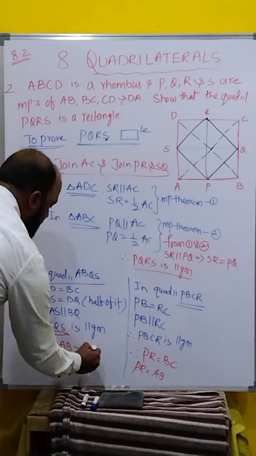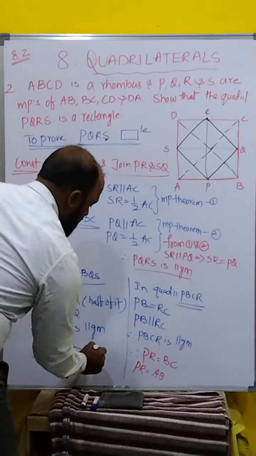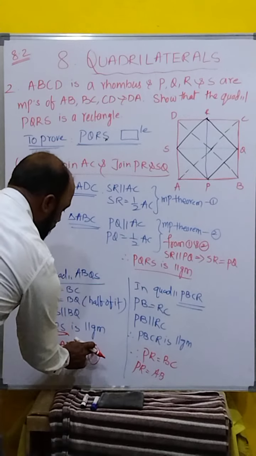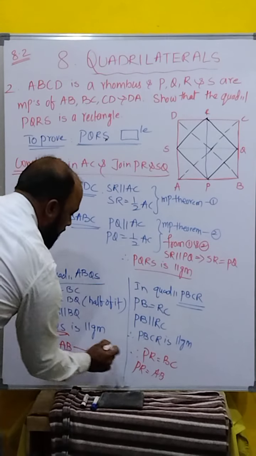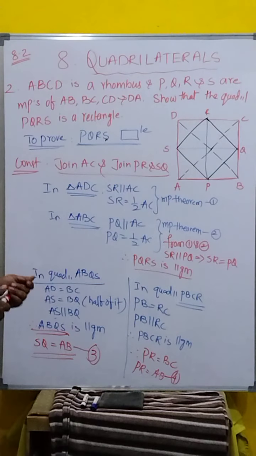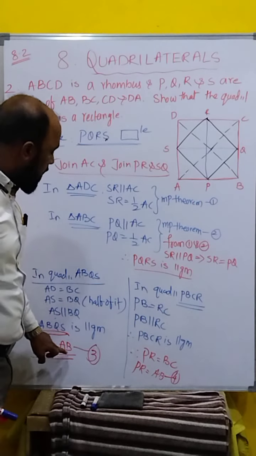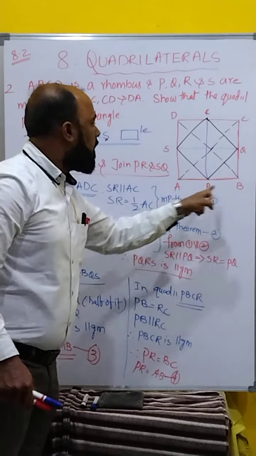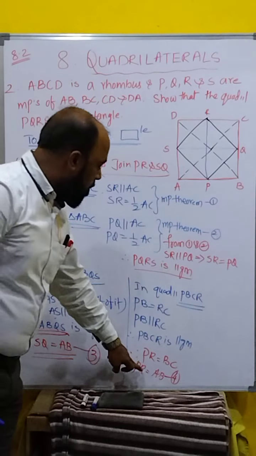Here SQ is equal to AB. This is 1, already over. Then you can take this as 3 and this as 4. Clear, children? Now observe 3 and 4. SQ is equal to AB, and the second one, PR is equal to AB.